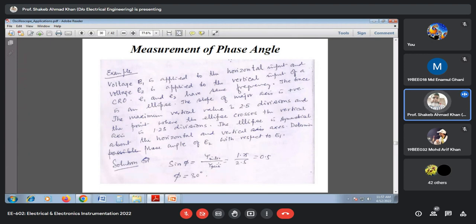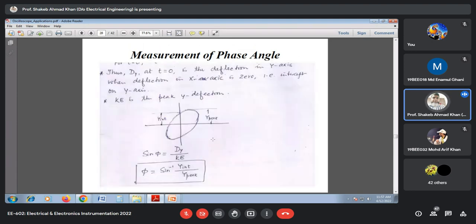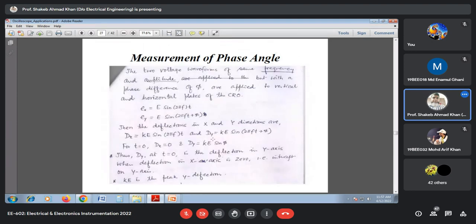Just put in this formula and you'll get the ratio, take the sine inverse of it, and you'll get the phase angle existing between these two waveforms. This is how questions are asked and solved. If anybody is having any question regarding this topic also, you can ask, please.